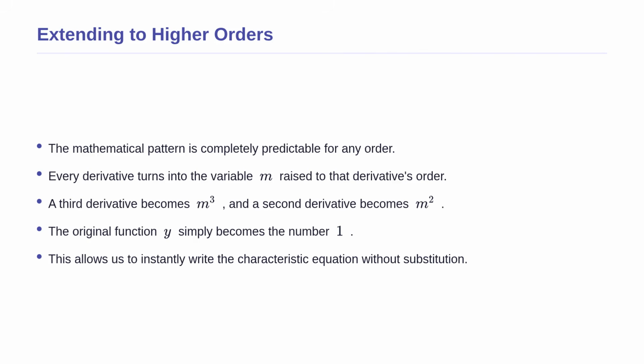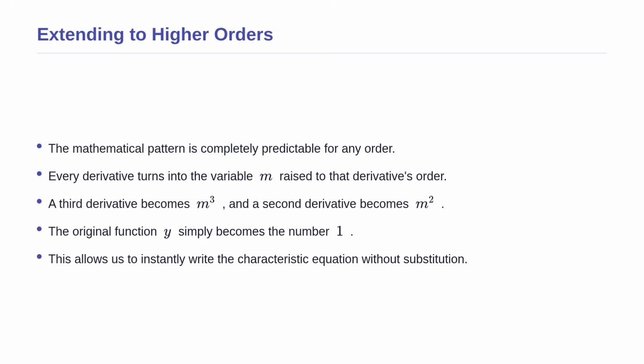So, we have proven that this substitution works for a second-order equation. This brings us to a beautiful mathematical pattern. What if our system is more complex, like a tall building swaying in an earthquake, requiring a third or fourth-order equation? The exact same logical pattern applies perfectly.